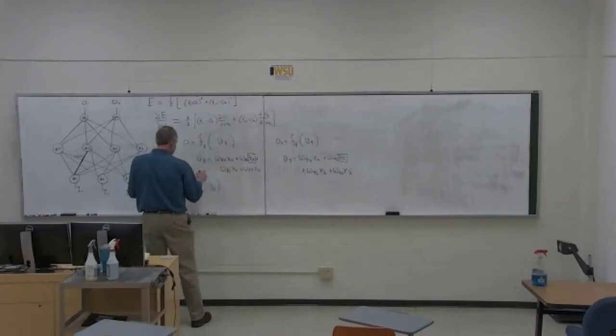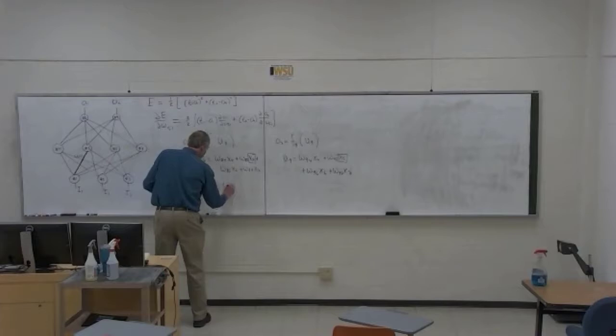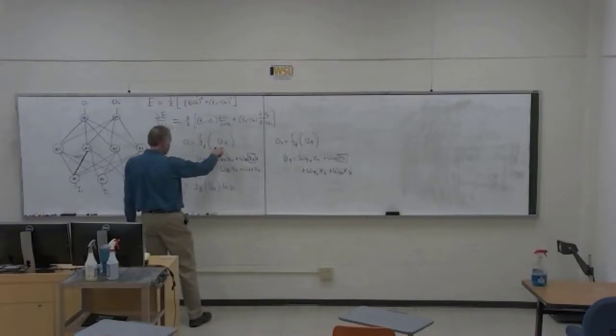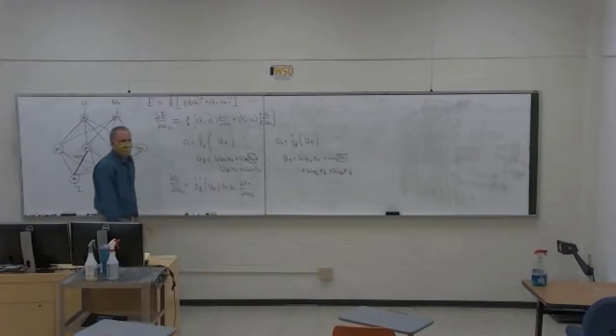Not U, yeah, 8, right? Okay. And then W85 is here, so we write that. Taking the derivative of what's inside now, and then the derivative of X5 with respect to W51, because that's the only one that depends upon that weight.